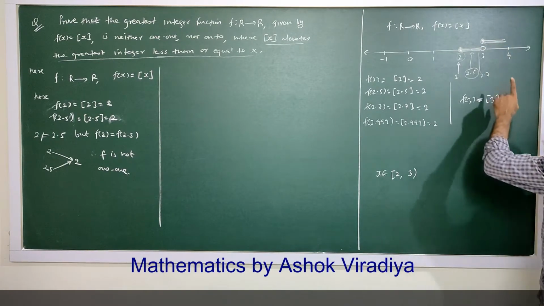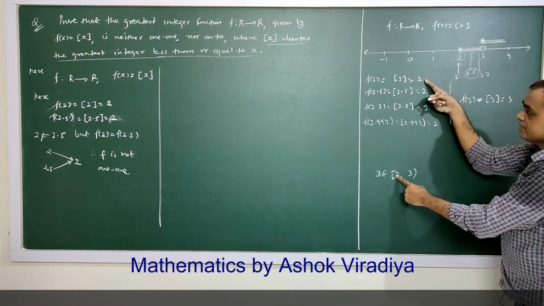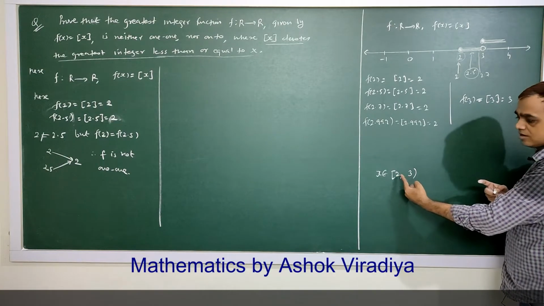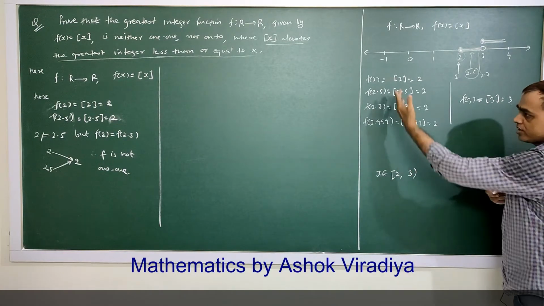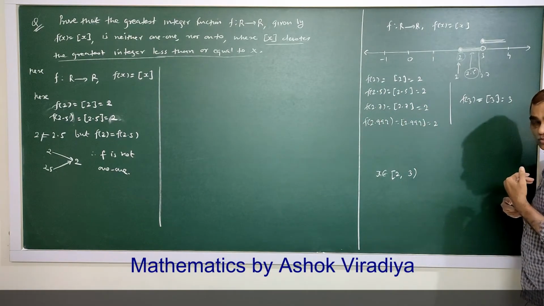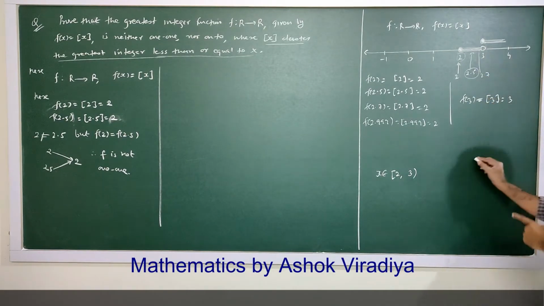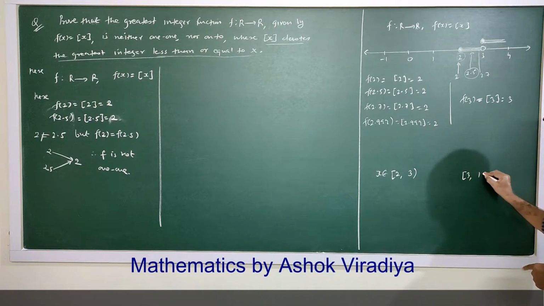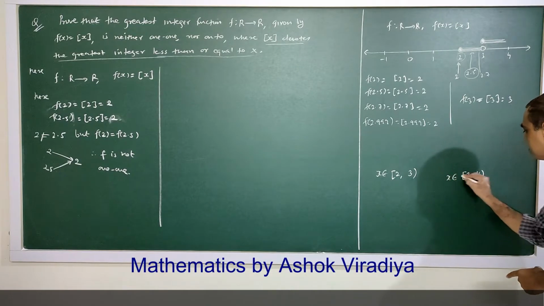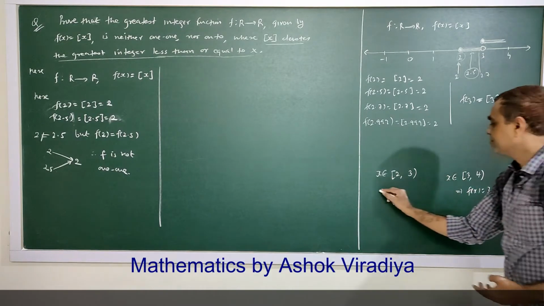So that's why we do not include 3 here. Image of 2 is 2. Image of 2.1 is 2. Take any number from this set: 2, 2.1, 2.2, 2.3, 2.5, keep in the machine. Their images are 2. And numbers beginning from 3, if you take numbers from 3 to 4, now keep 4 open. If x is in this set, then its image will be 3. Here image will be 2.